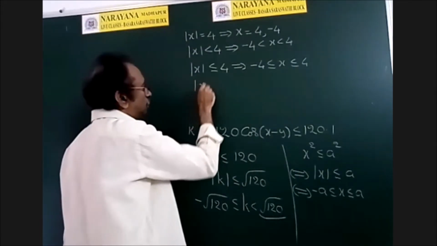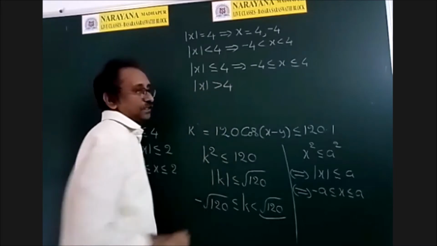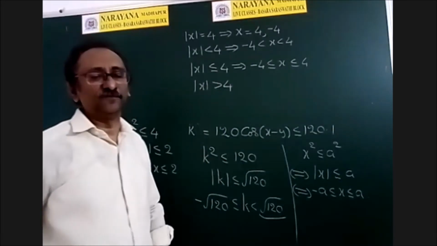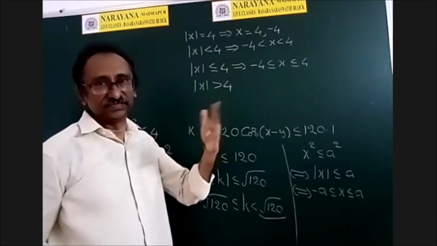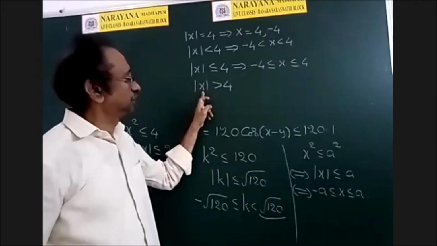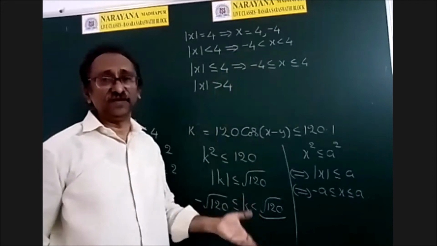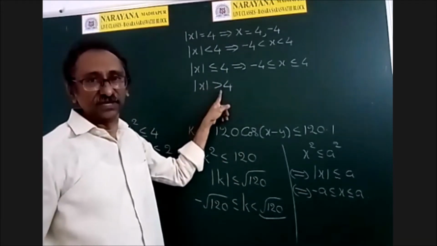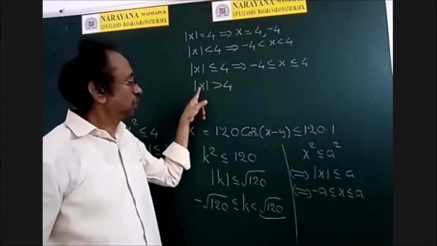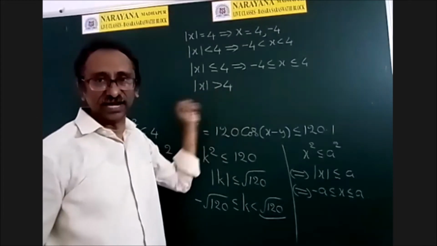Now suppose mod x greater than 4. Consider 5, 6, 7: all those modulus values are greater than 4. Not only that, consider minus 5: modulus of minus 5 is 5, which is greater than 4. Modulus of minus 6 is 6, greater than 4.